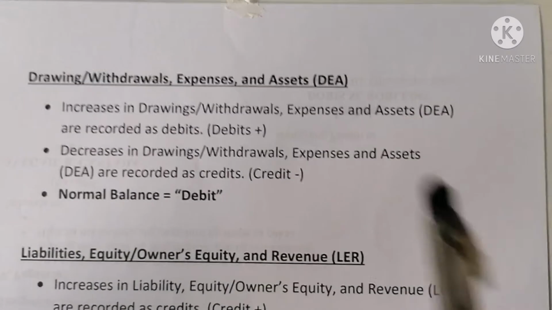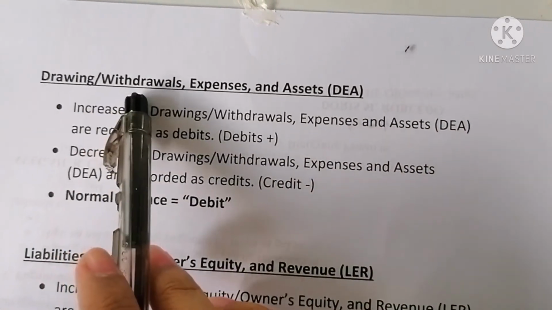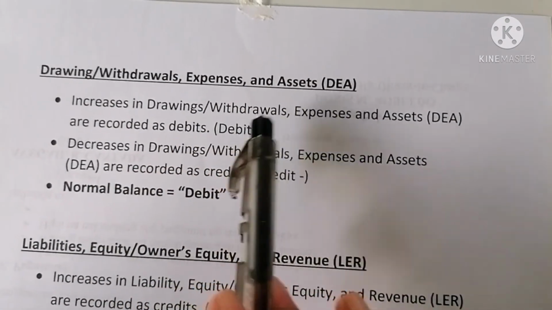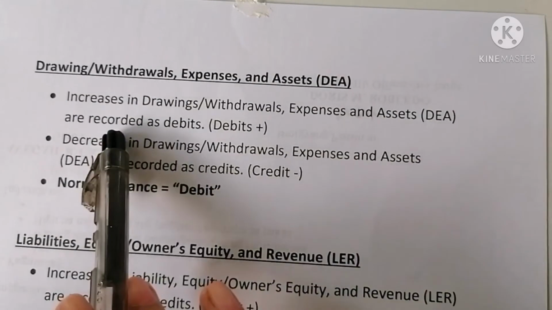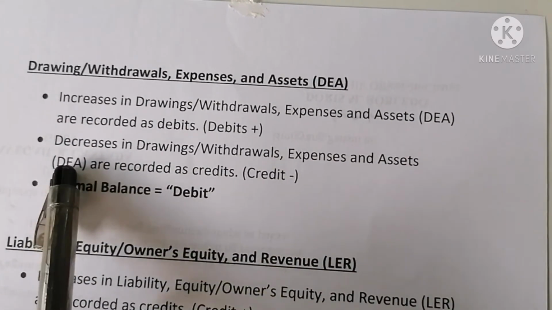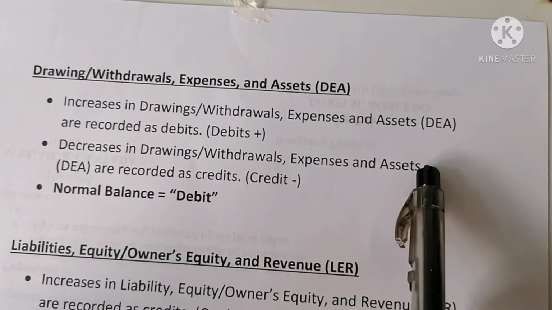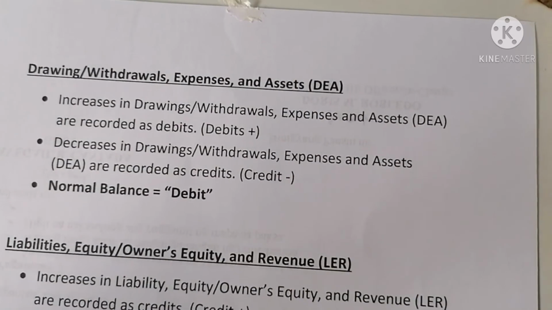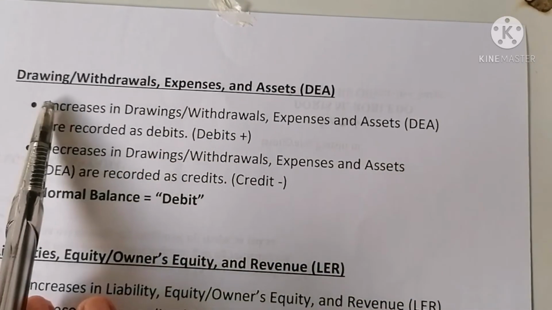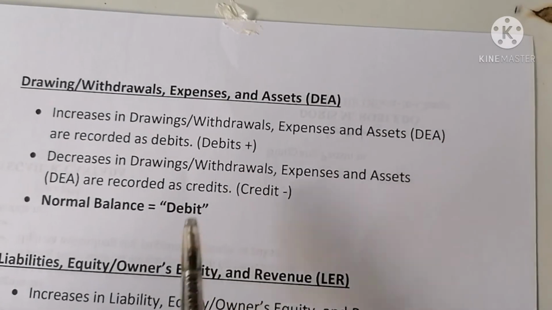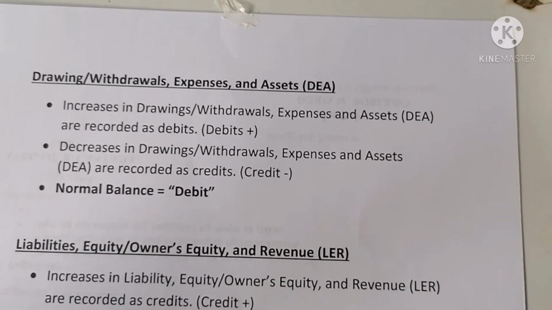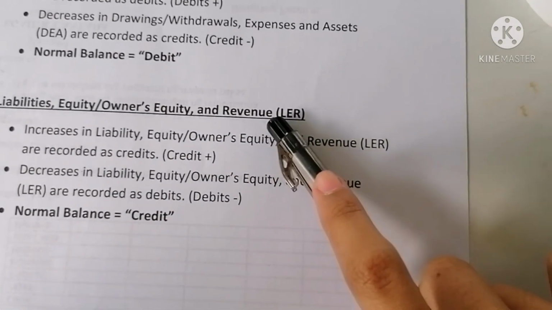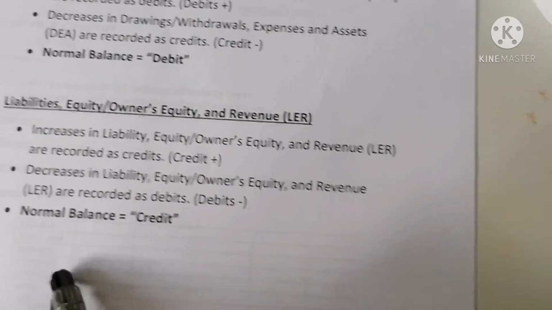For the debit side, we have the D, the drawings or withdrawals, expenses, and assets. Increases in drawings or withdrawals, expenses, and assets are recorded as debits, while decreases in drawings, expenses, and assets are recorded as credits. The normal balance of the drawings, expenses, and assets is debit, while for the liabilities, equity, and revenue, their normal balance is credit.